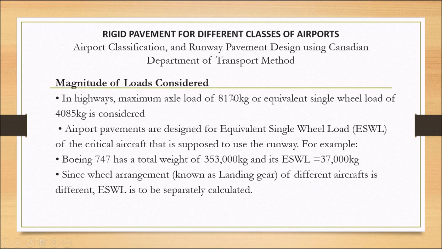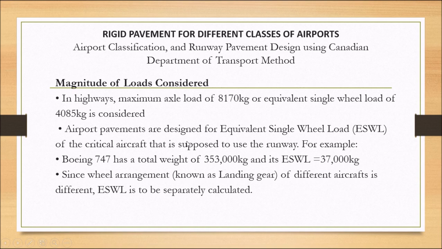Next, we look at magnitude of loads considered. In highway, a maximum axle load of 8,170 kg or equivalent single wheel load of 4,085 kg is considered.